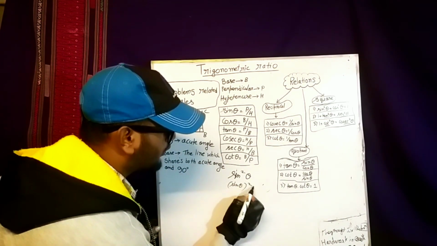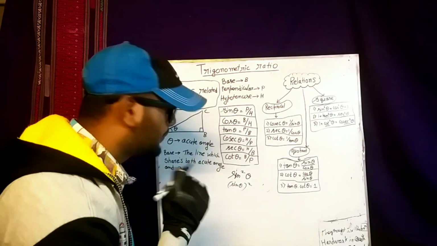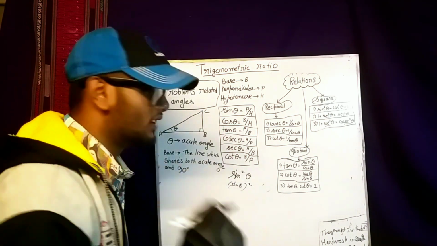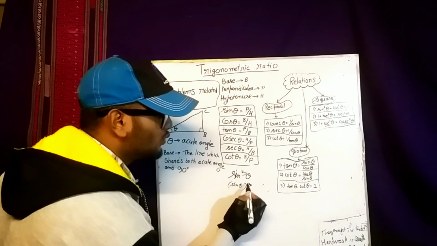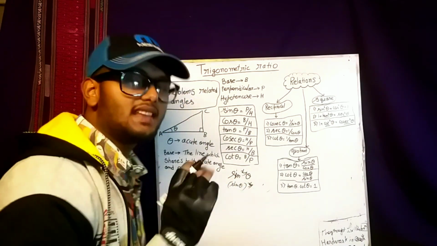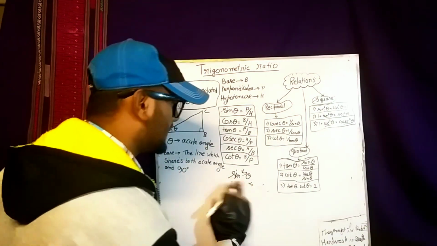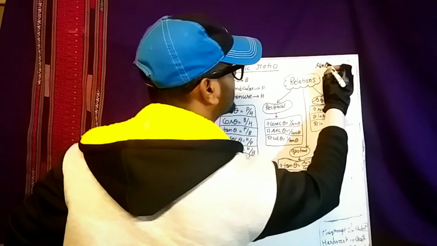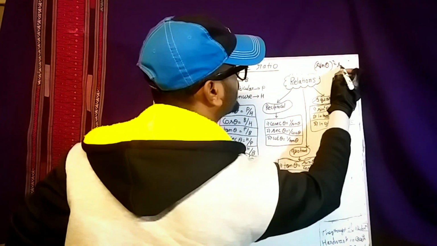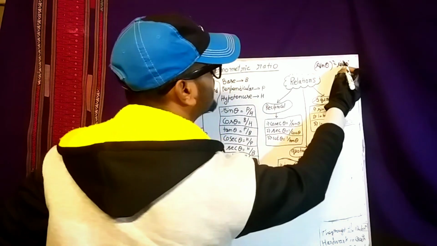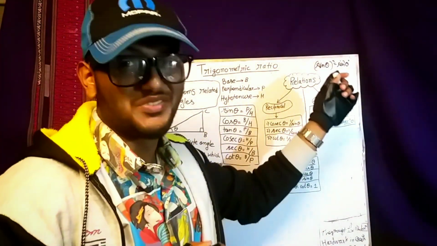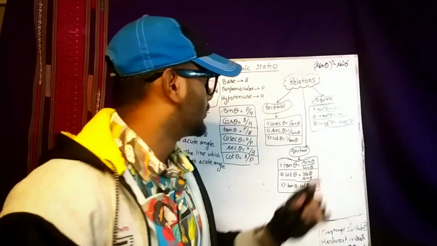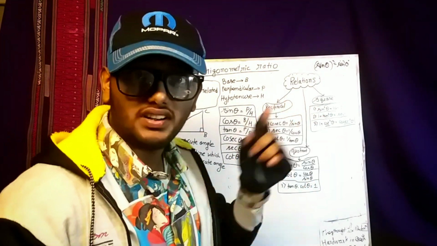Sin theta whole square and sin square theta, these both are the same. Must remember that. Whether it be sin square, sin cube, sin to the power 4, anything, both denote the same thing. That means we can say that sin theta whole square equals sin square theta. So sin square theta plus cos square theta is equal to 1.